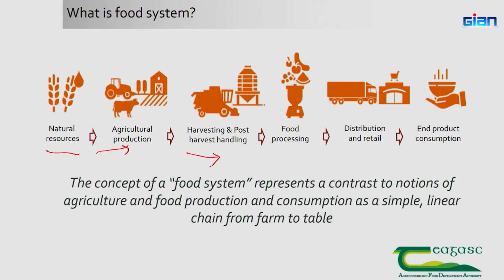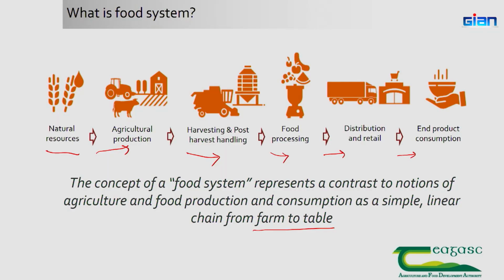We have harvest and post-harvest handling processes, food processing, distribution and retail, and product consumption. That's a fairly linear system. Wheat is grown in a field, you harvest it, you process it, you make it into flour, and that flour is converted into bread, bakery products, or a range of different products. You distribute it, and then you consume it. So that's the simple system.